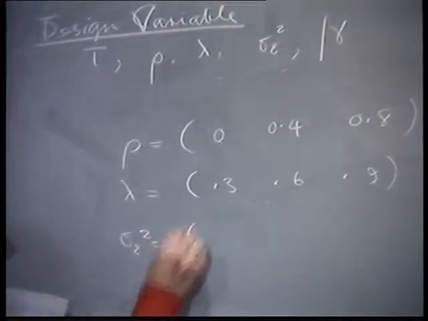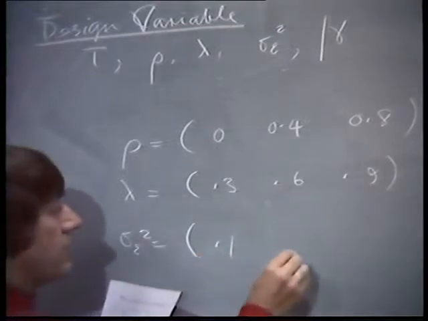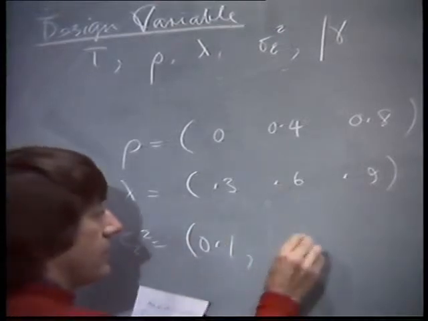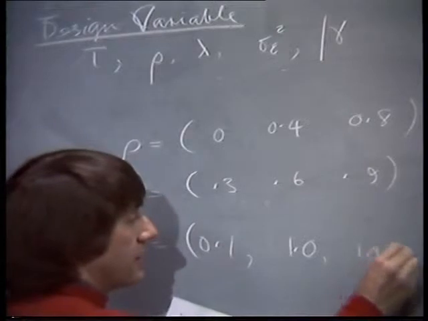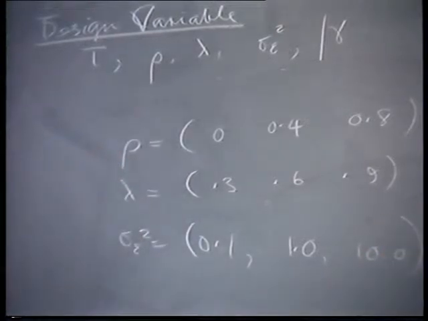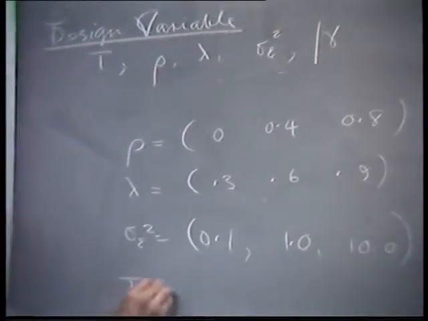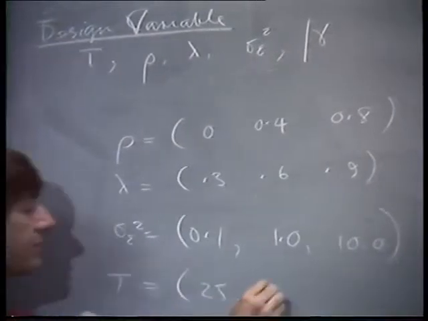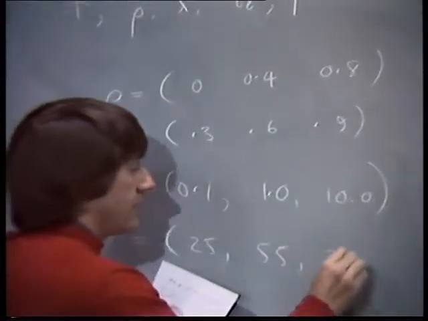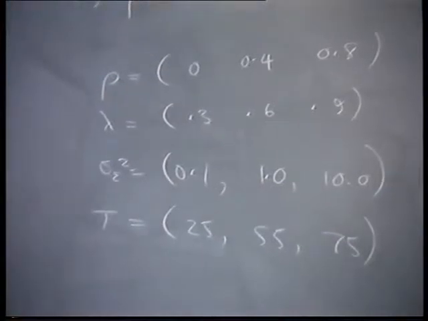Sigma epsilon squared equal to 0.1, 1.0, and 10. And the sample size 25, 55, and 75.